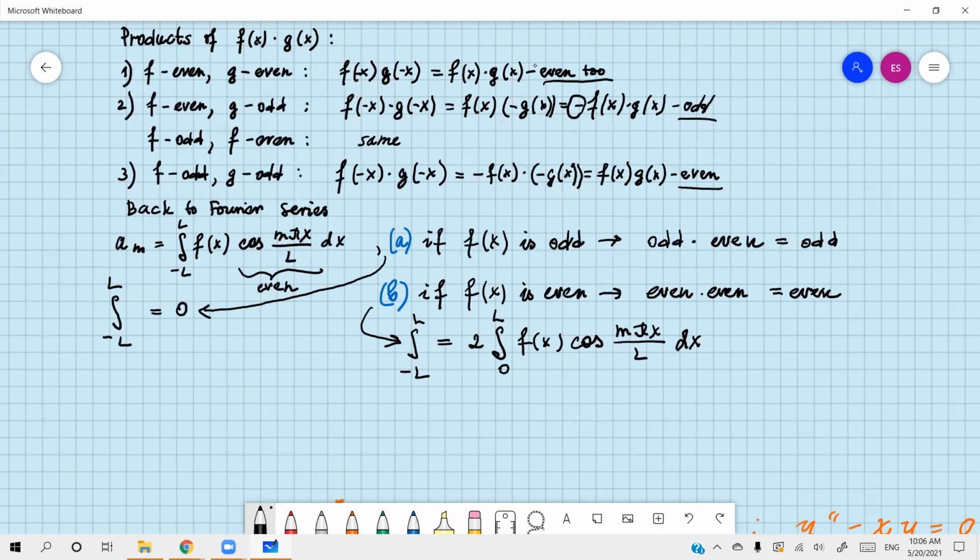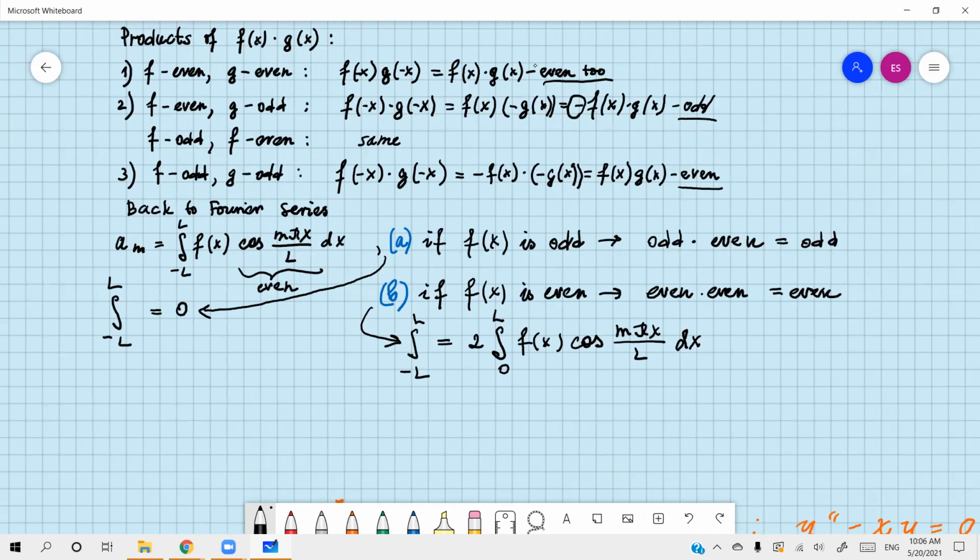So what does it mean, guys, for us? The coefficients of the series are going to be, remember that if the function is odd, we are going to have an integral of 0. What does it mean?